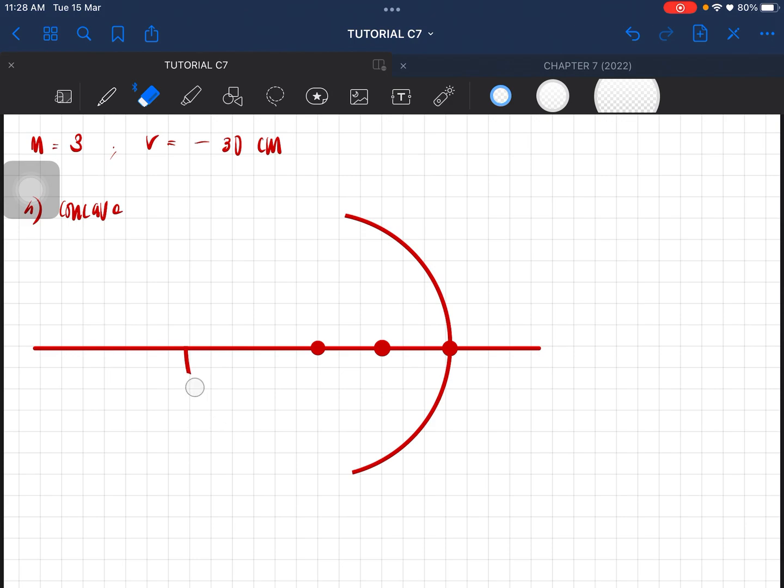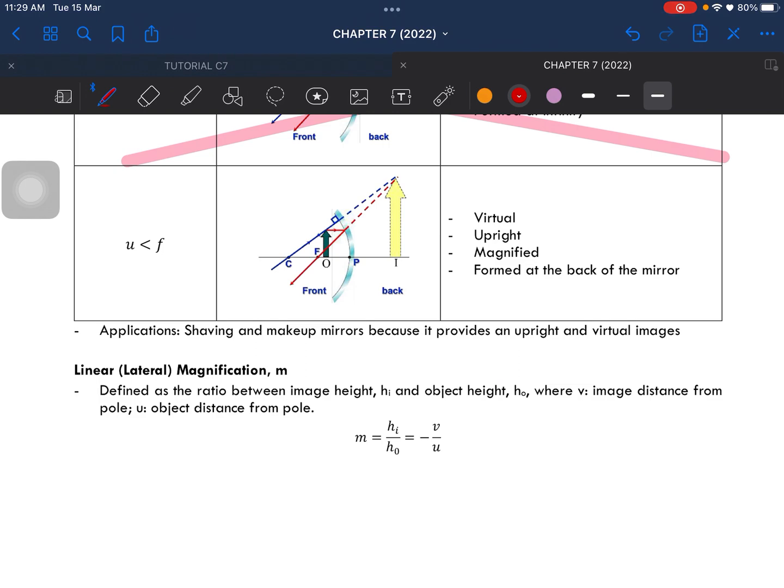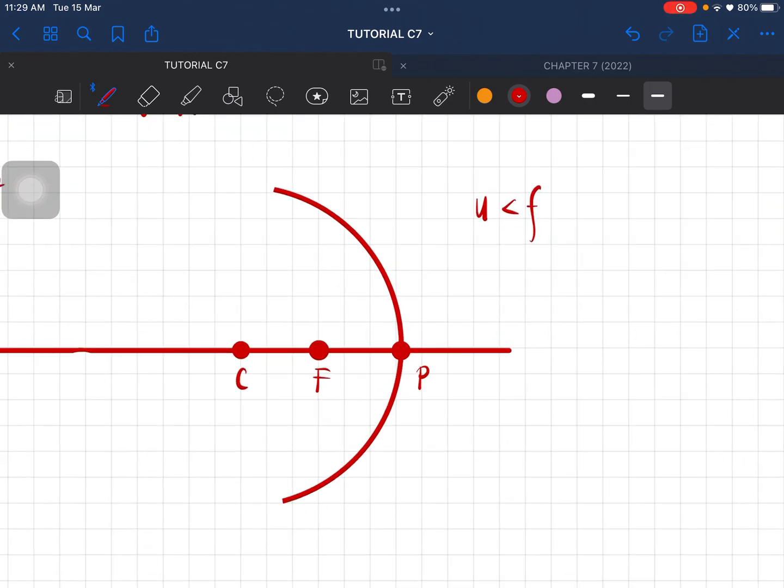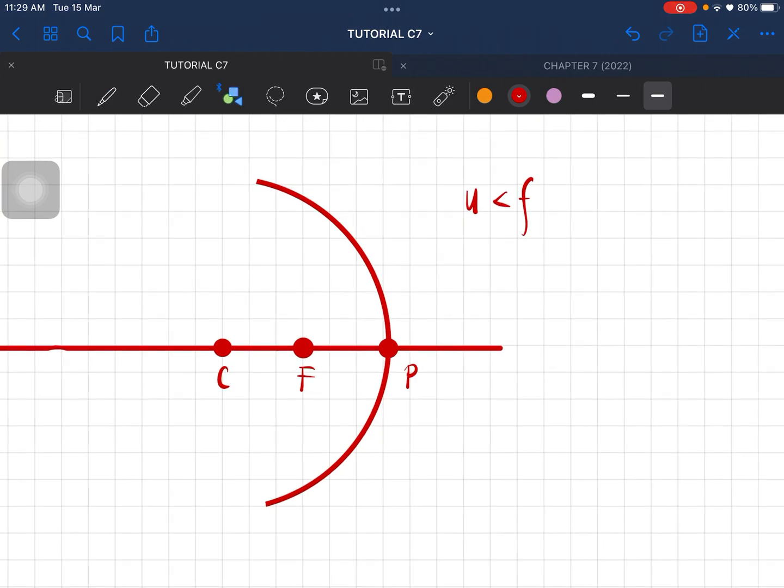That is our mirror: that is C, this is F, this is P. In order for it to be an upright and magnified image, the object distance should be less than the focal length, so the object would be somewhere here.